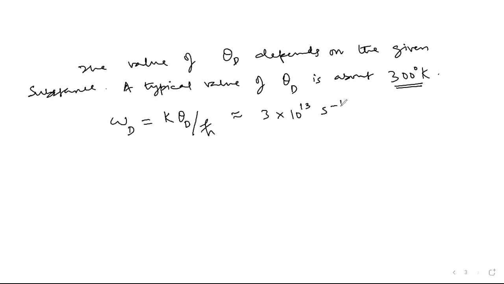13 per second. I'm saying the value of theta D depends on the given substance, but when we see different values of theta D for different elements and compounds, we see that a typical value of Debye temperature theta D is 300 Kelvin, and the corresponding Debye frequency, when we solve using the defining equation omega D equal to k theta D over h bar, is about 3 into 10 raised to power 13 per second, right?